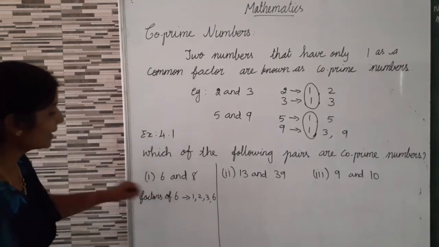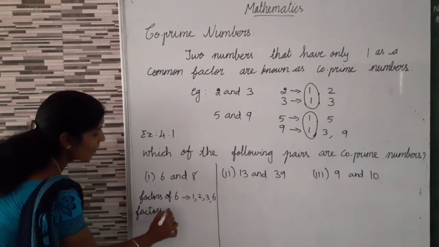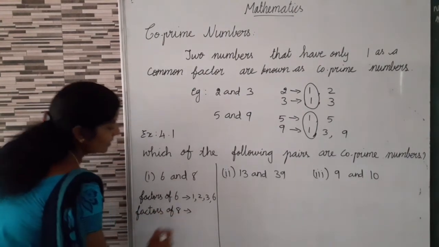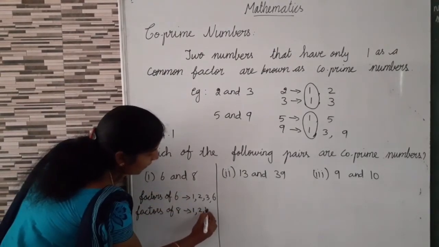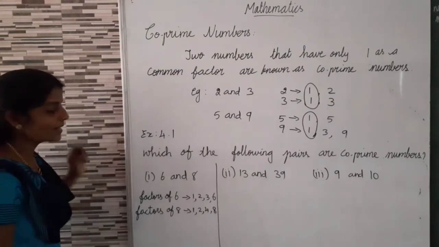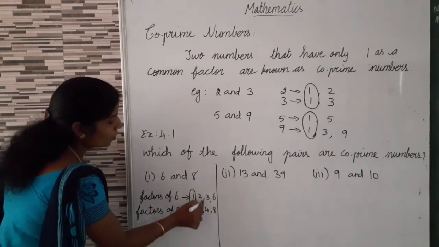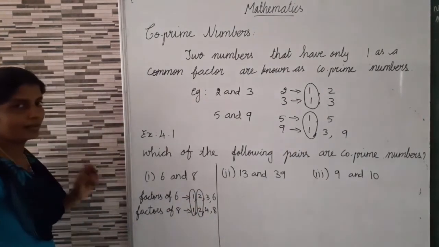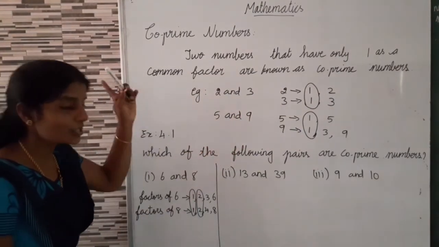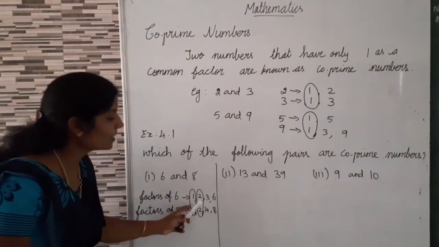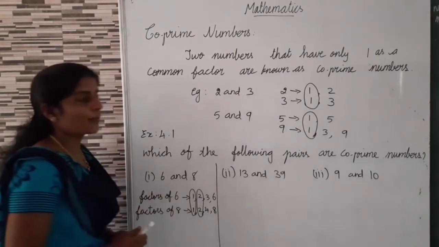Factors of 8 are 1, 2, 4 and 8. Here 2 is also common. If we have only 1 as a common factor, it is a co-prime number. Here 1 and 2 are common factors, so 6 and 8 are not co-prime.